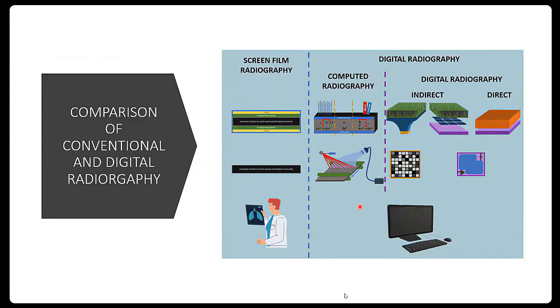Comparing all three, the image processing in screen film radiography is done with chemicals, while in digital radiography, that is computed radiography and direct and indirect digital radiography, they do not require any chemicals. The processing occurs within a computer, whereas in screen film radiography the processing was done with chemicals.